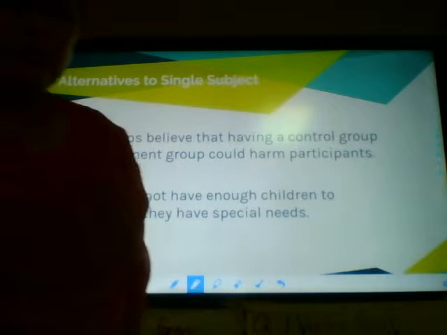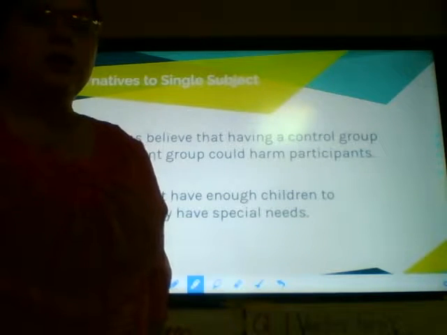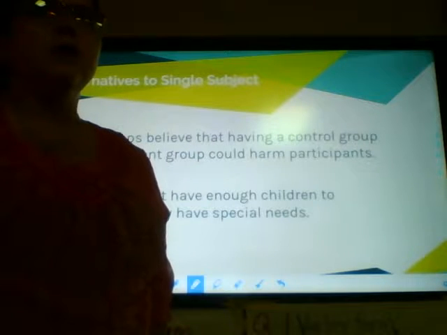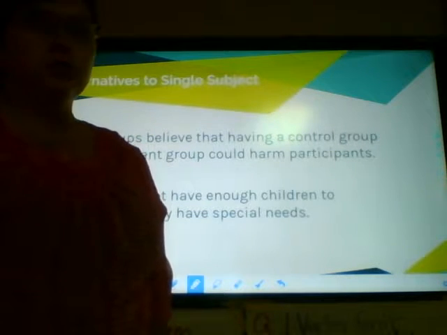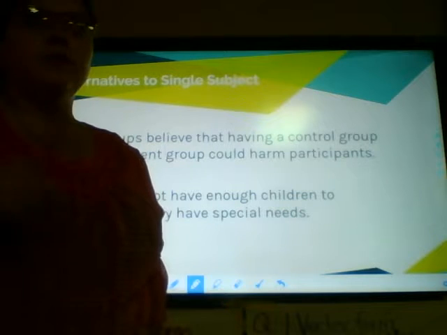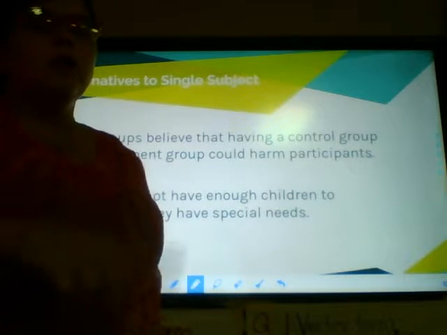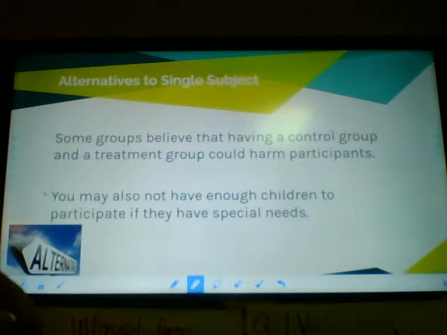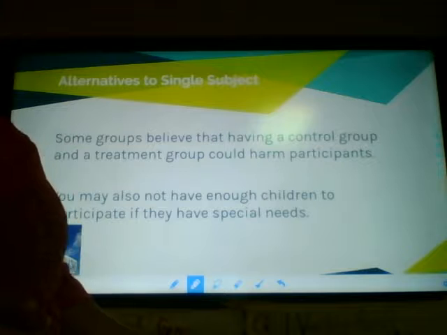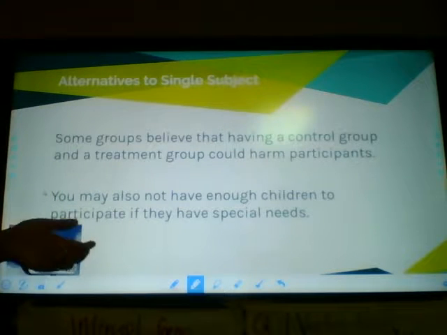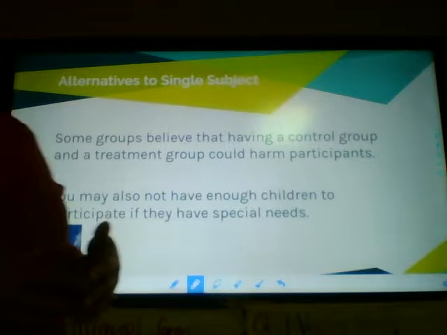So there's some stuff about alternatives to single subject research, in that with this kind of method, you're usually only providing something for one person at a time. And the reason for that is mostly because some groups believe that having a control group, a group that doesn't receive any kind of treatment, and a treatment group could be harmful to participants.